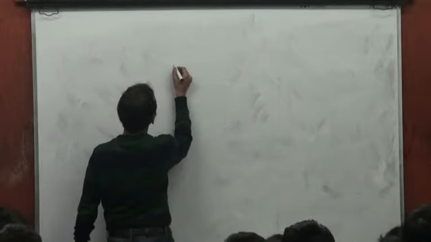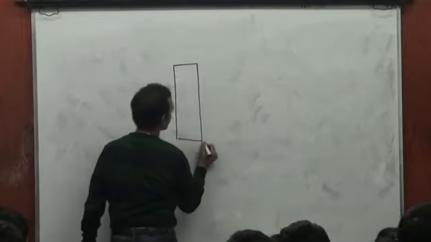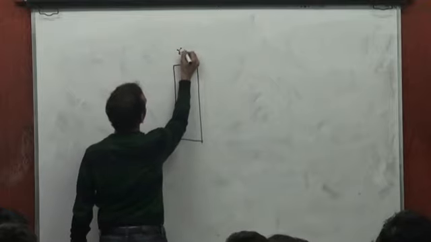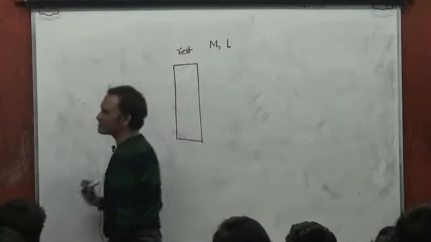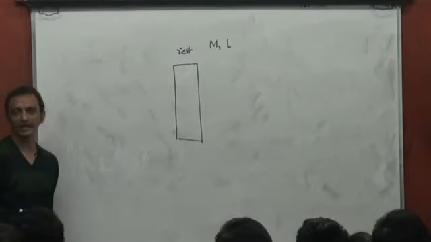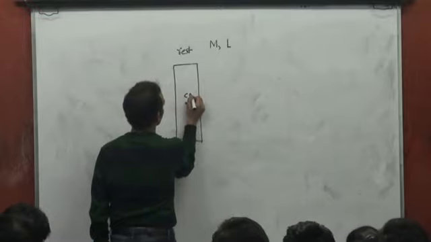Now, say you have a rod, a uniform rod of mass m and length L, which is at rest. This is the center of mass.